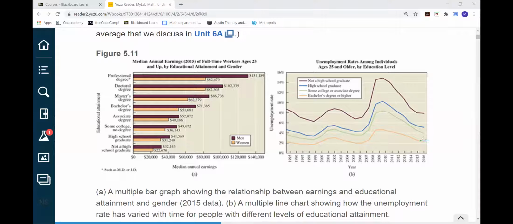So this is my bachelor's degree. This is my high school dropout. This is right over 8%. This is about right over 2, maybe 3. I feel like it's going from 3 to 9, maybe from 3 to 8, or from 2 to 8.